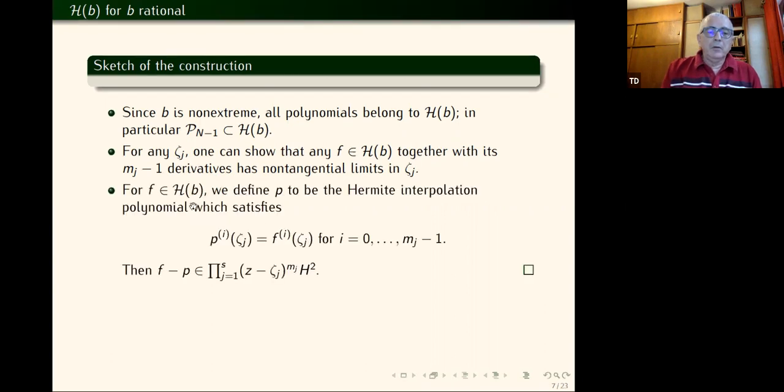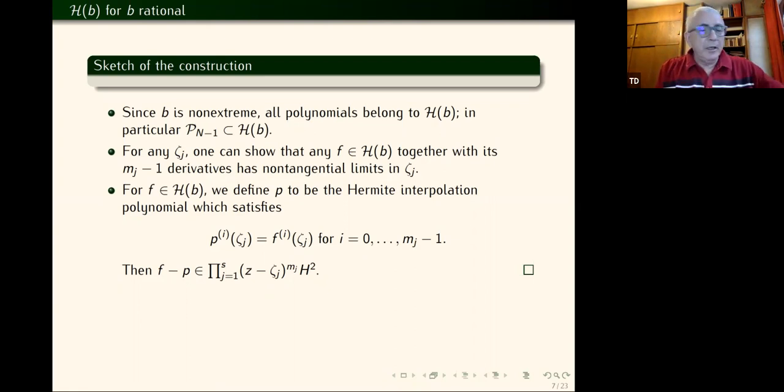Well, so once we know this, we can define the value of f and of certain of its derivatives at the points ζ_j.